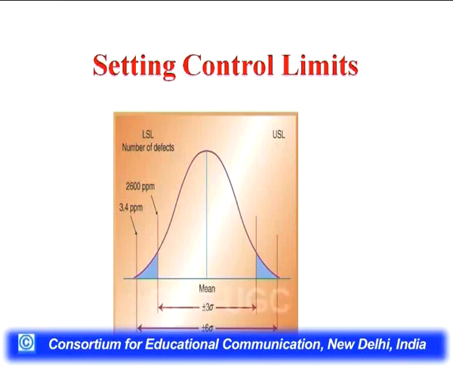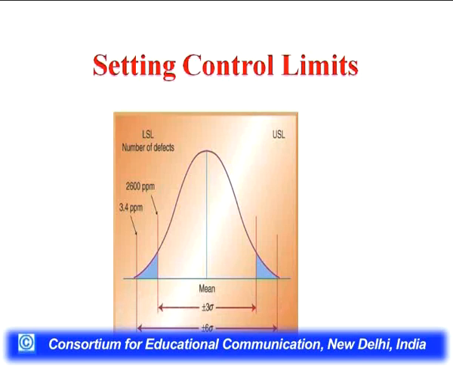Now, how to set control limits? Whenever manufacturing is being done and no assignable cause is there, only common causes are there, and the process will follow a normal curve with plus minus 3 sigma.